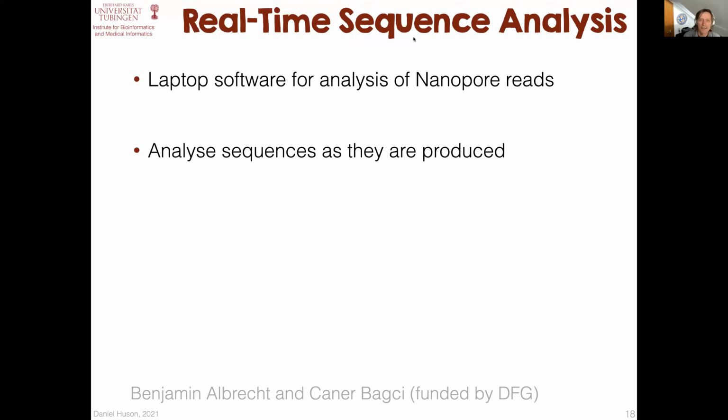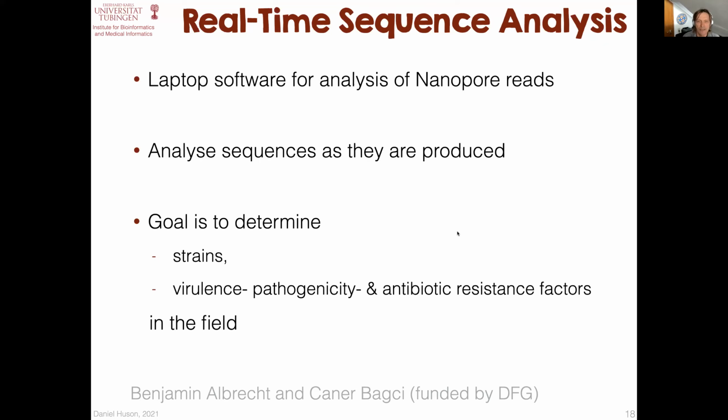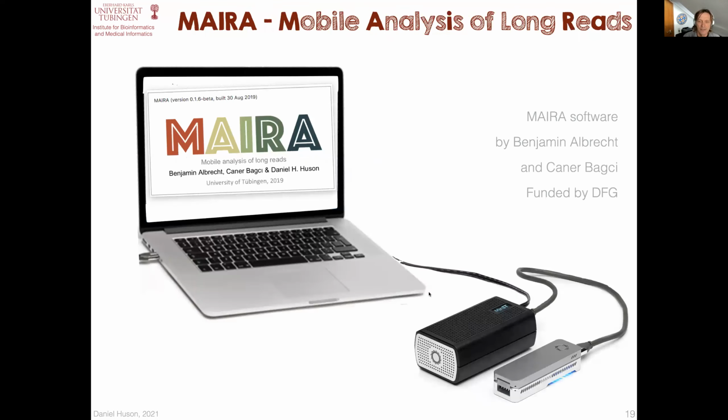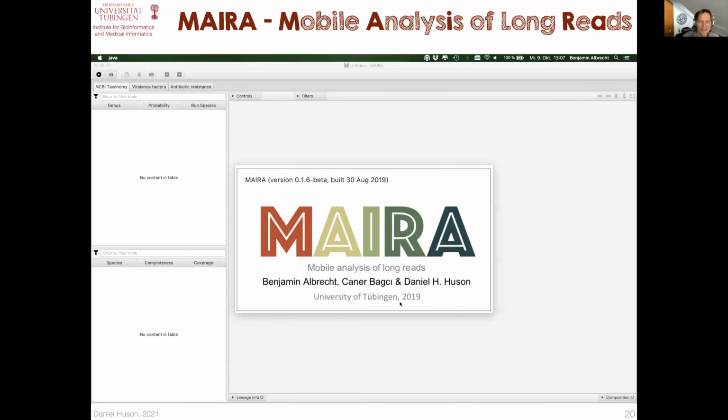This is a software that runs on a laptop and analyzes nanopore reads, and we envision this happening as the reads are being produced. So as reads are coming off the nanopore device and being base called, you can have a look at what's in the sample. And we're particularly interested in what strains and particular types of genes.